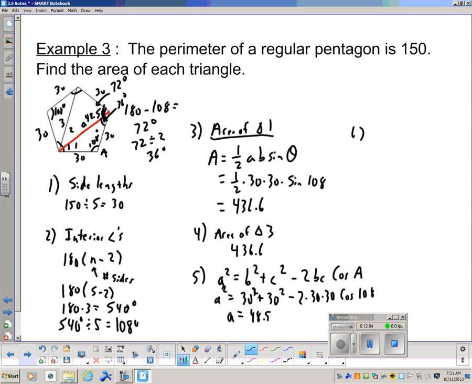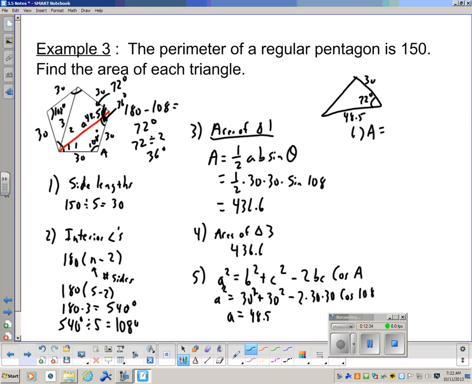So knowing that, that's going to be a value I get to plug in there. Using our area trig formula now, because now we've got a side, the included angle, and a side. So for that triangle, this is 30, this is 48.5, and this here is 72 degrees.